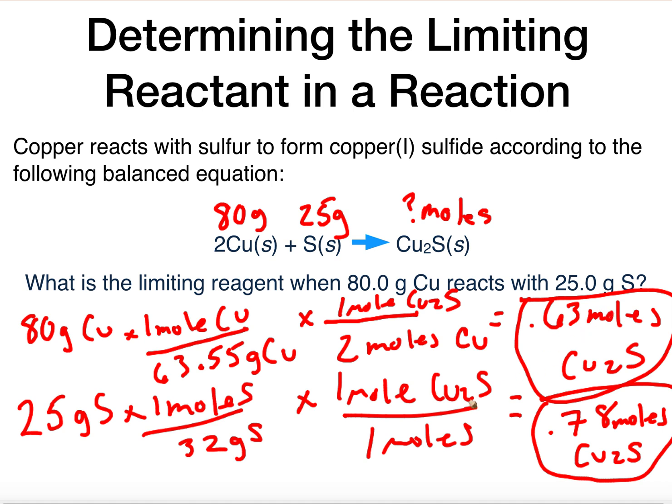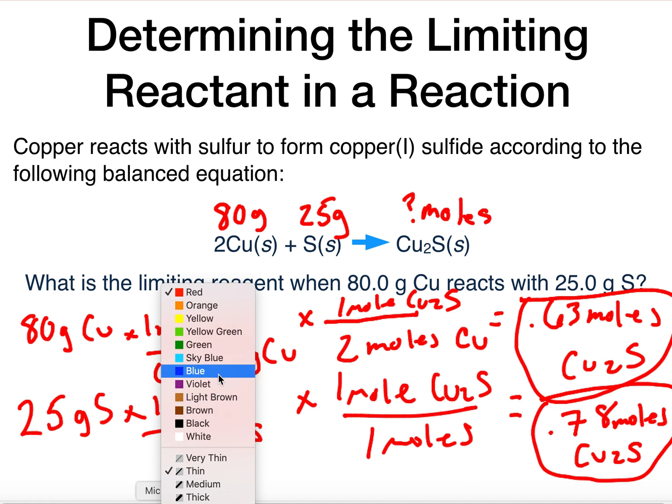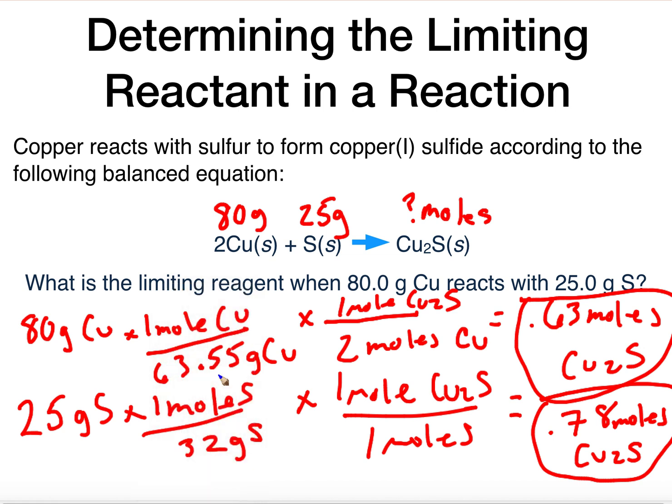So I need to look at the values that I came up with for my gram to mole stoichiometry, and determine which number is smaller. In this case, 0.63 is smaller. This number is the number of moles produced for Cu2S.